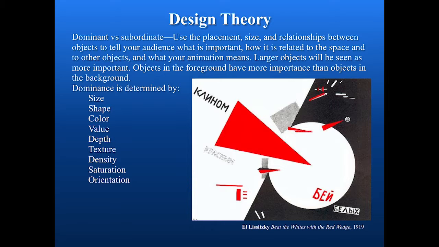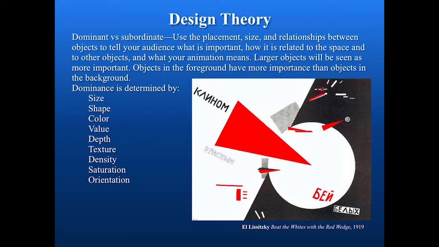Dominance is determined by size: large red triangle, large white circle. Shape: triangle, pointy; circle, round. Color: red, strong, vibrant, extremely saturated.